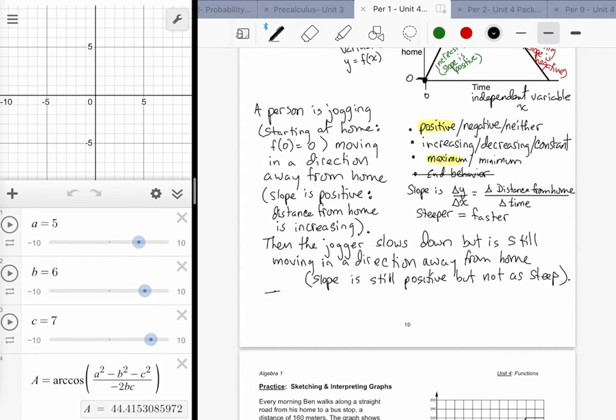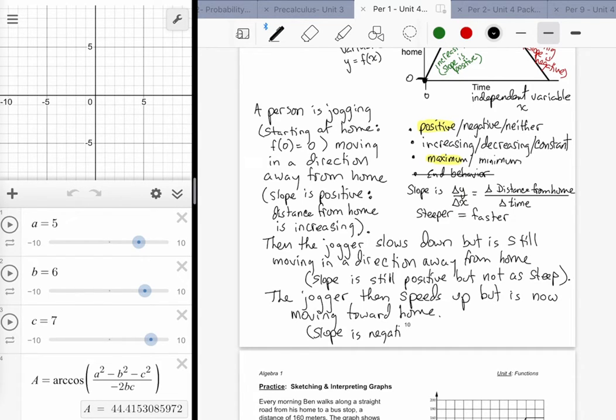The jogger speeds up, but is now moving toward home. And our justification for that is that the slope is negative, which means the distance from home is decreasing.